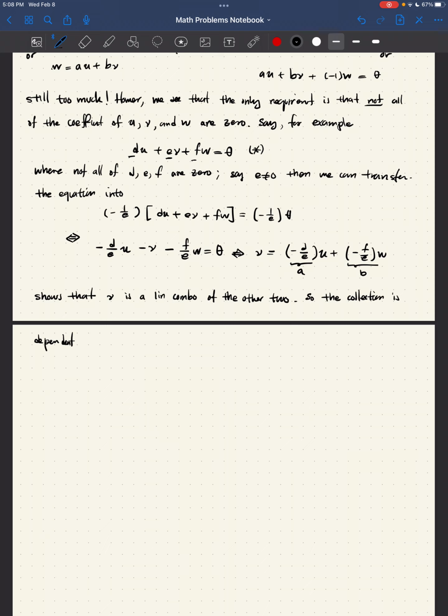So, before we get into the actual definition, what would independence mean? Well, let's see.